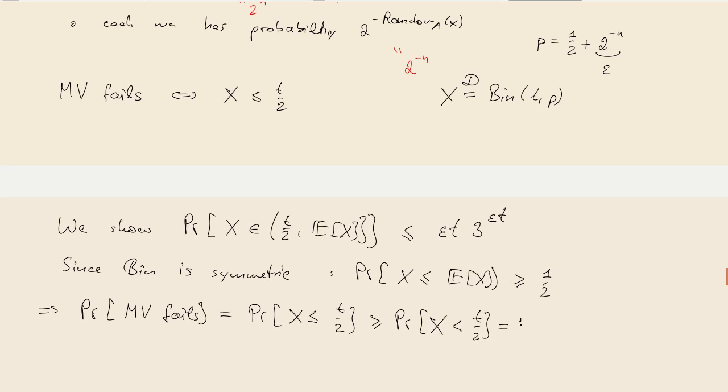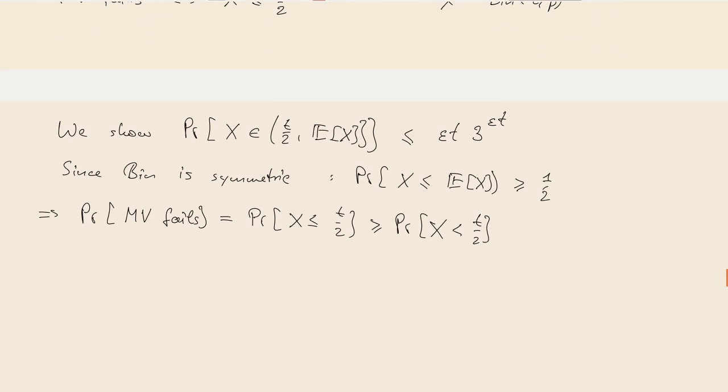And this we can express as the probability to be left of the expectation, minus the probability that we are left of the expectation but above the T half.